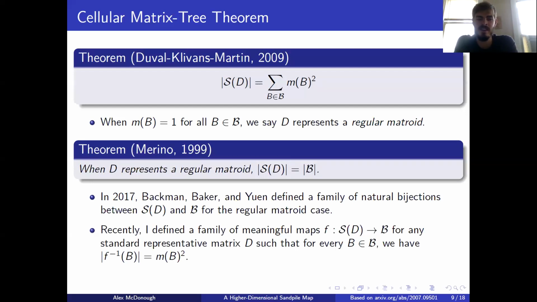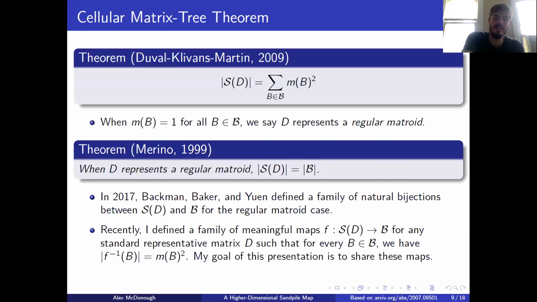So I give a family of maps from the sandpile group to the bases such that the preimage of each basis is of size multiplicity squared. And my goal of this presentation is going to be to share these maps. So if you're not quite sure what I'm trying to do, I encourage you to pause the video and think about it, because it's really all on this slide, of really what my goal is. And you can think about why I say it's like a bijection.